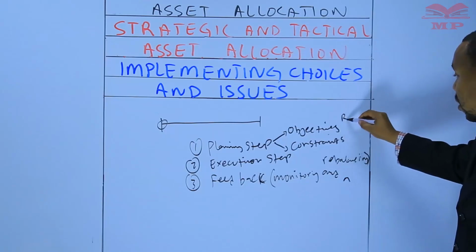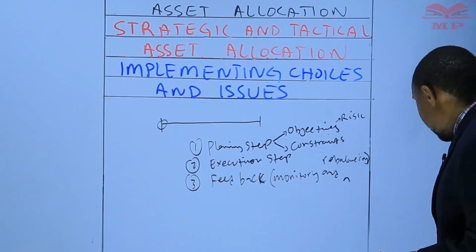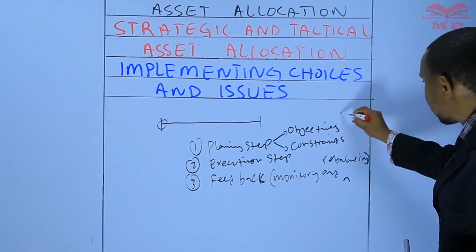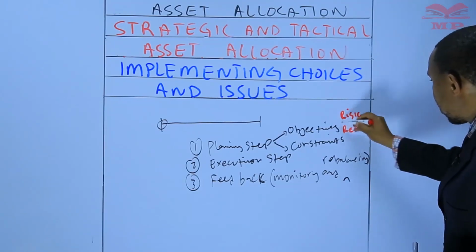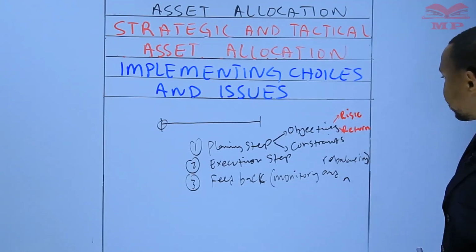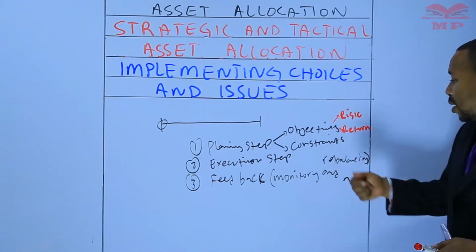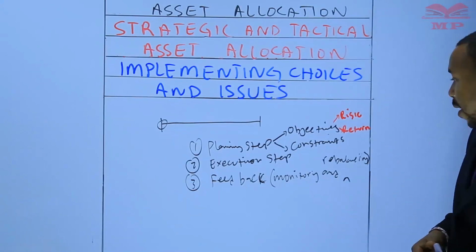So here is risk, return. The constraints include the liquidity, legal, time, taxes, and unique circumstances there.